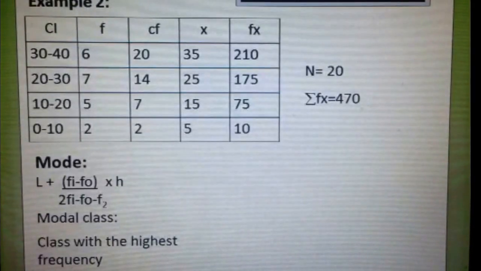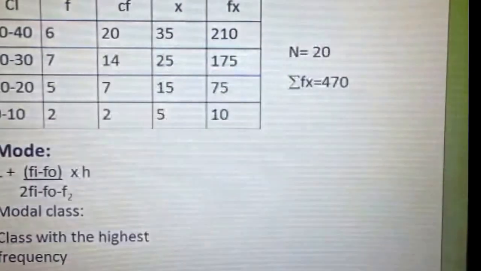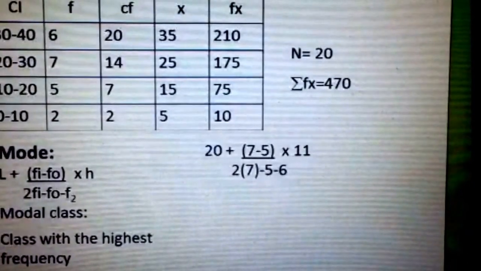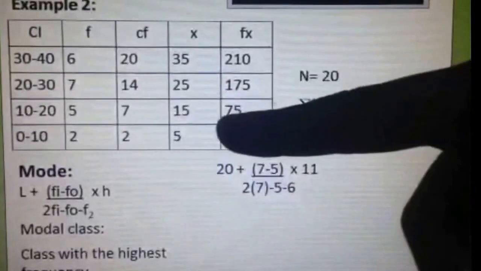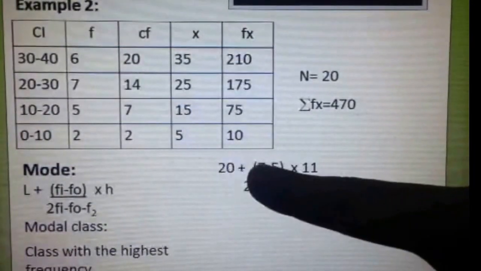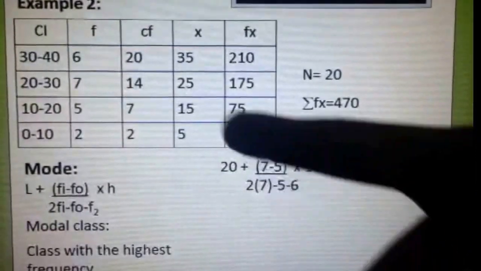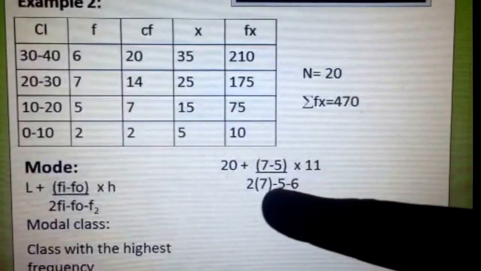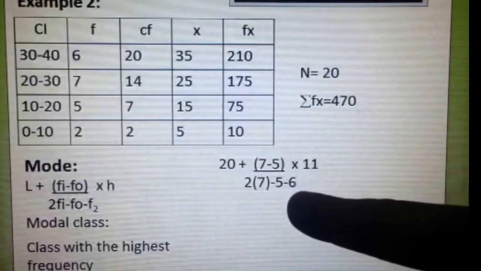the highest frequency. In this case, we have 7, because it's the highest frequency that we have. And once again, we need to substitute all the values. In this case, our lower limit is 20, because they're from our modal class, plus the frequency of the modal class, which is 7, minus the frequency of the preceding, we have 5, times the class size 11 over 2Fi, 7, minus Fo, 5, minus F sub 2, which is 6.